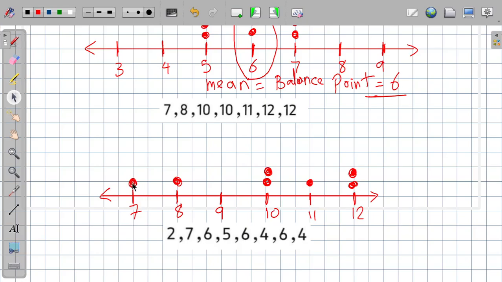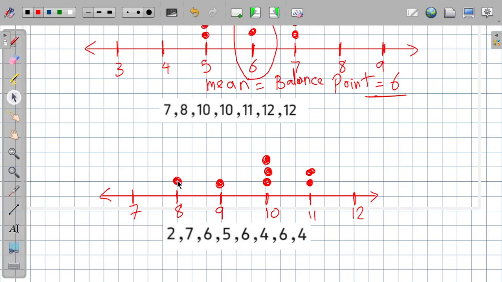So this point at 7, I will move it to 8. And this point at 12, I will move it to 11. This point at 8, I will move it to 9. And this point at 11, I will move it to 10. This point at 12, I will move it to 11.